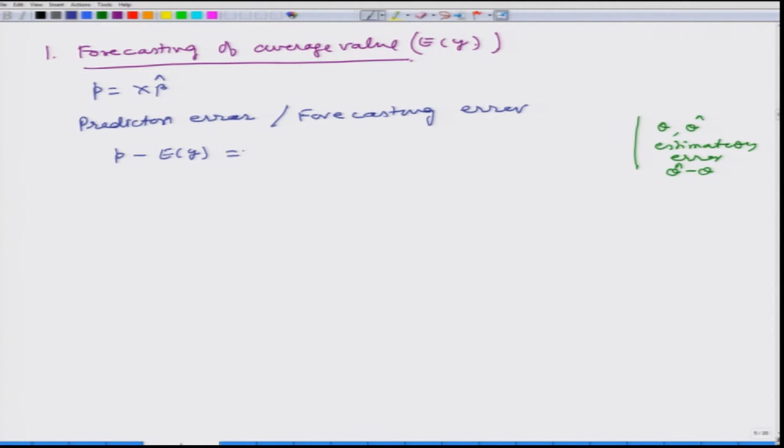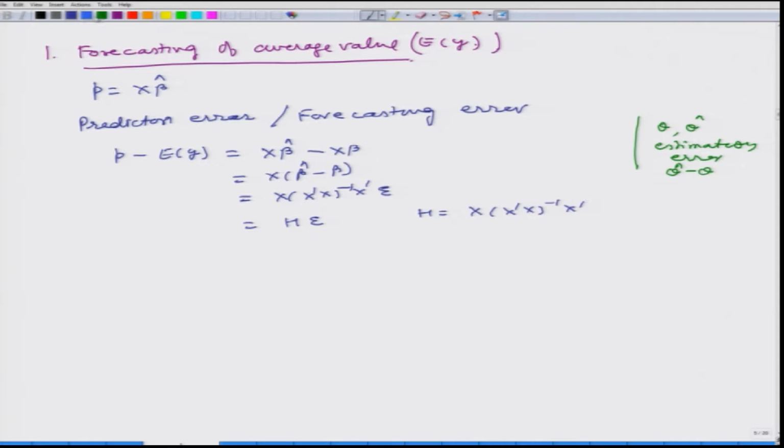So, if we try to simplify it, this is nothing but x beta hat minus x beta, which is x times beta hat minus beta, and this is nothing but x times x transpose x whole inverse x transpose epsilon, and in our symbolic notation, this is h epsilon, where h is our hat matrix given by x x transpose x inverse x transpose.